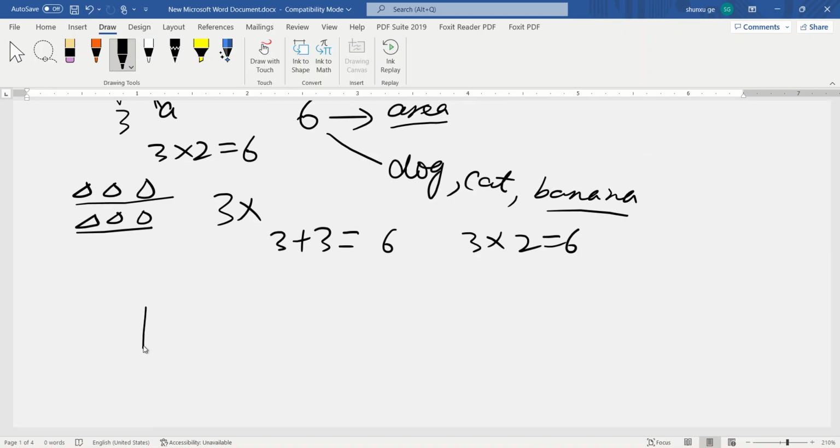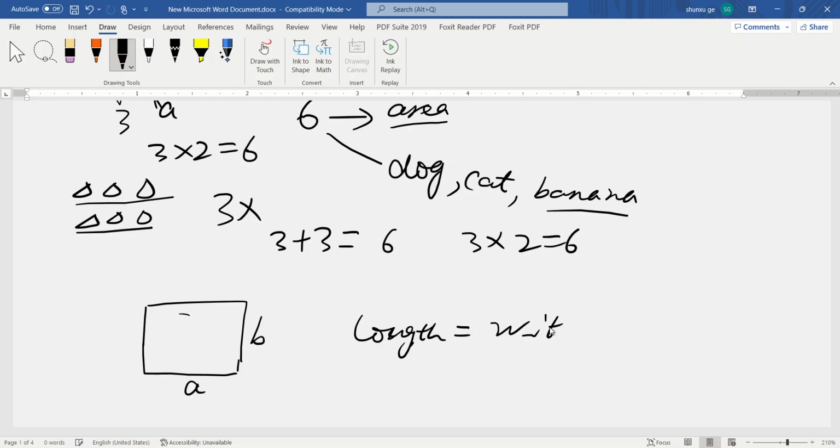Okay, this is the rectangle. How about the square? So this A, this B. A square is also a kind of rectangle, just different in that its length is equal to the width.